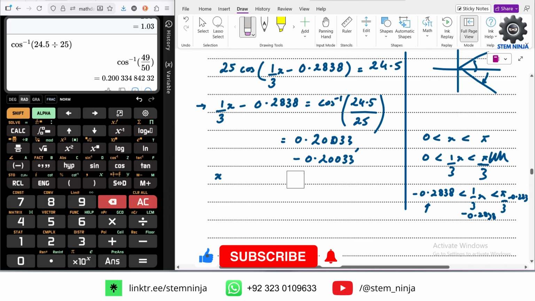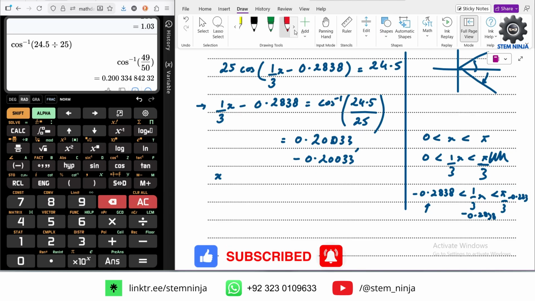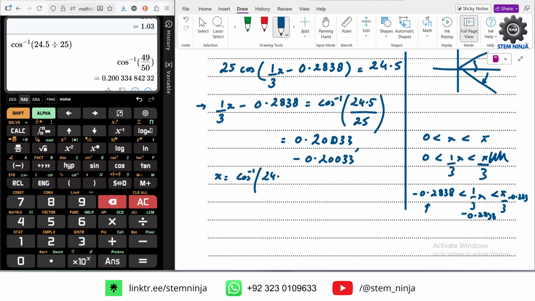So okay, we can keep it a little bit accurate. 24.5 over 25, 0.2838 was tan inverse 7 over 24, times by 3, right?